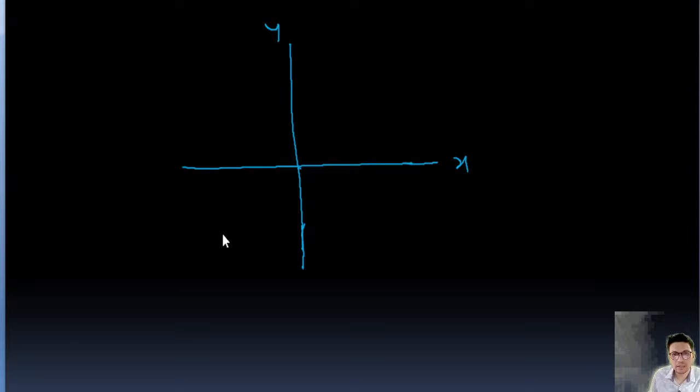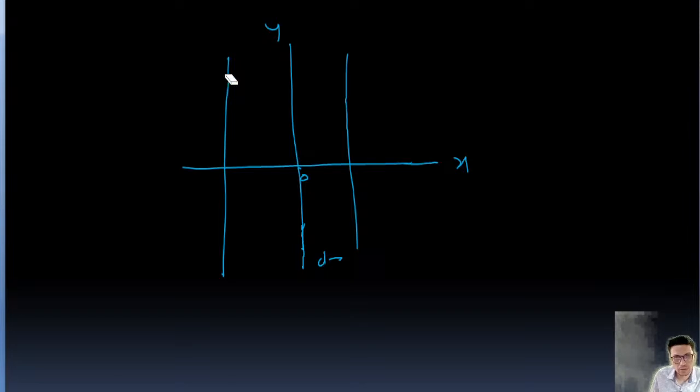One wire is along this y direction at x equal to 0, and another infinite wire is at x equal to distance d, and the other one is at x equal to minus d distance.